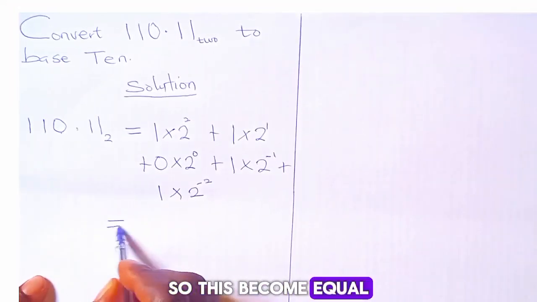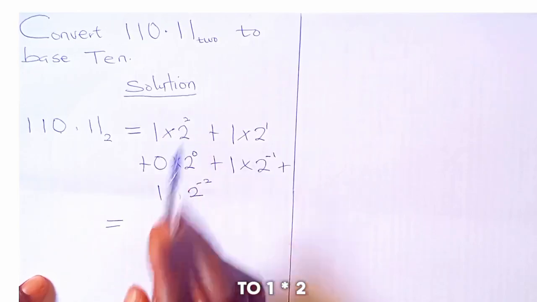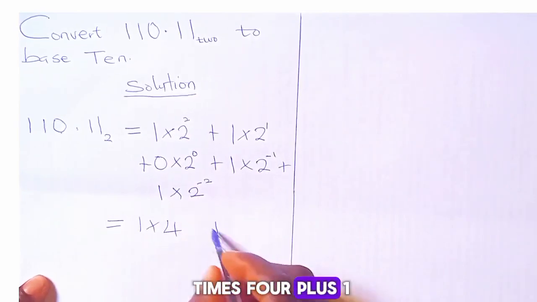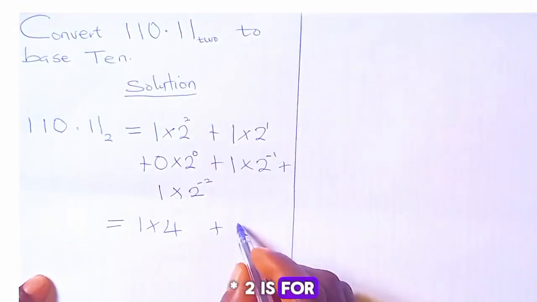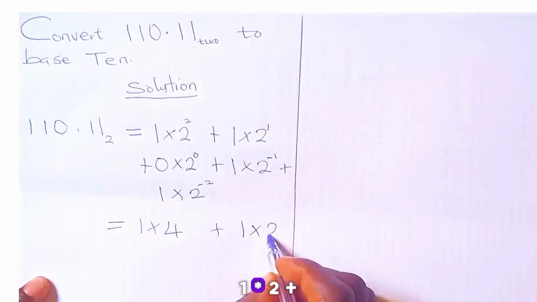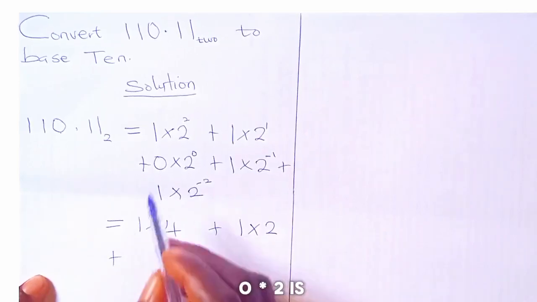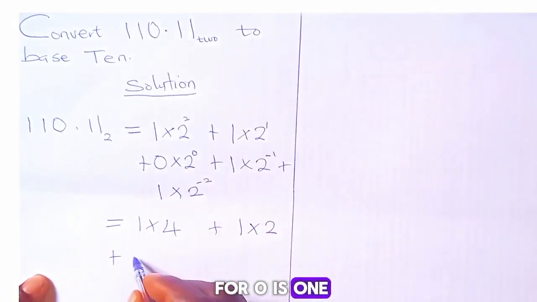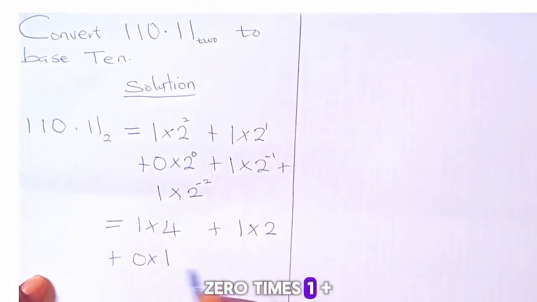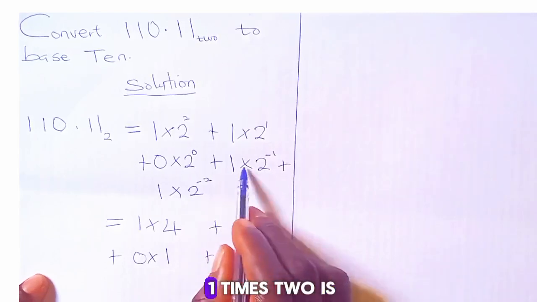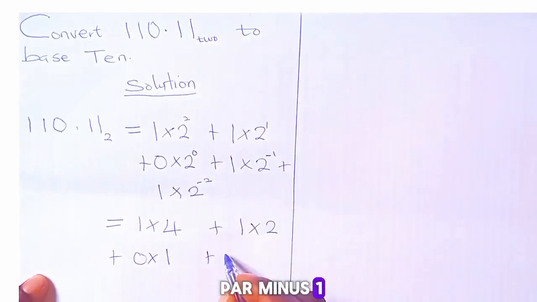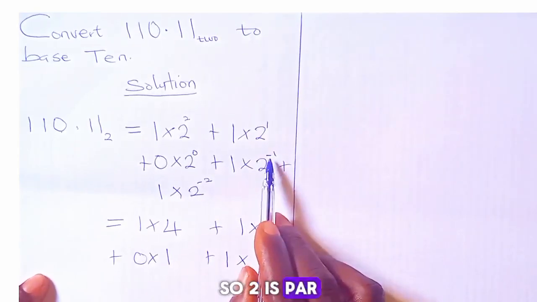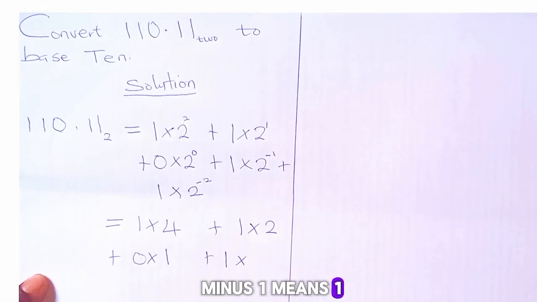So this becomes equal to 1 times 2 raised to power 2, which is 4. So this is 1 times 4 plus 1 times 2 raised to power 1, which is 2, so 1 times 2 plus 0 times 2 raised to power 0. 2 raised to power 0 is 1. 0 times 1 plus 1 times 2 raised to power minus 1. 2 raised to power minus 1 means 1 over 2.